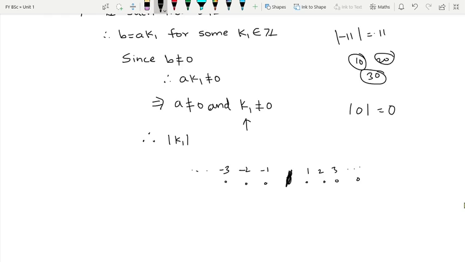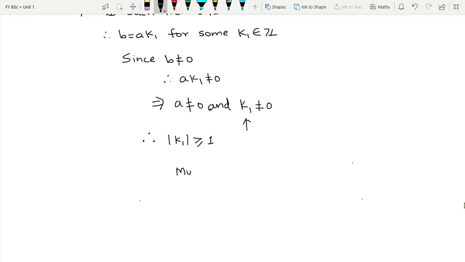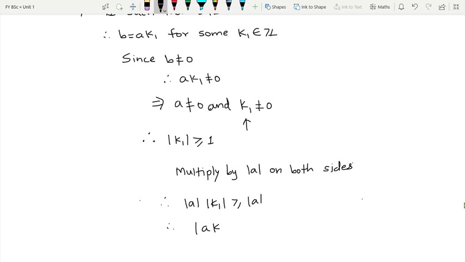Then what can we say about its modulus? Its modulus will be either 1, 2, 3 and so on. So my point is this modulus is always going to be greater equal 1. Multiply by mod a on both sides. Therefore mod a multiplied by mod k1 will be greater equal mod a. Therefore by simple properties of mod, this will be mod a k1 greater equal mod a, but a k1 is nothing but b.